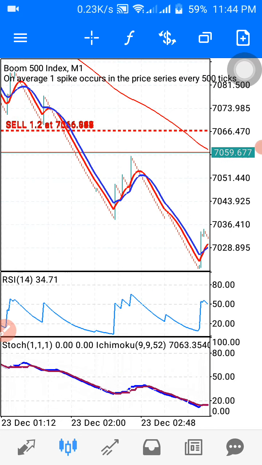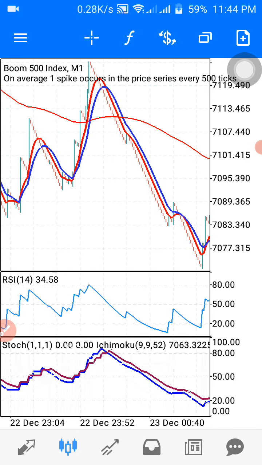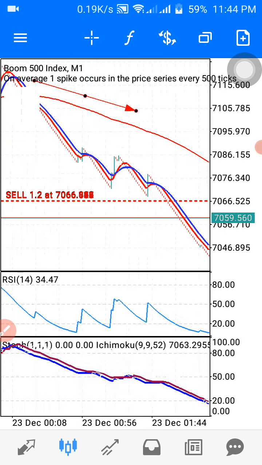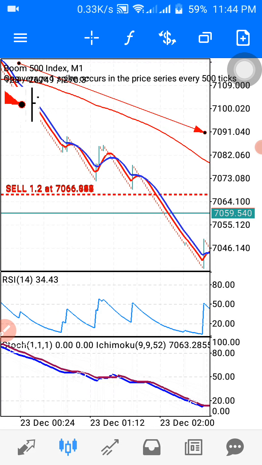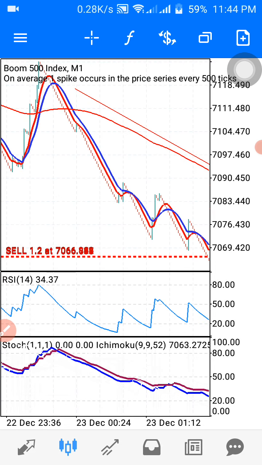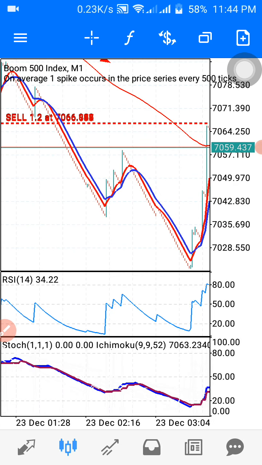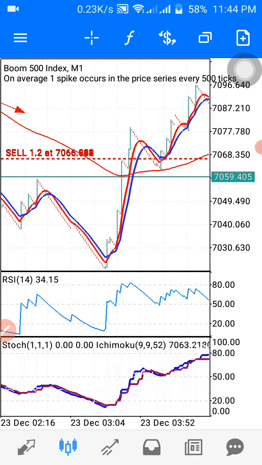Now you can see from this point here, we have a downtrend. The trend is coming down. Now I want you to notice something at this point where the candlestick is about to form another trend.